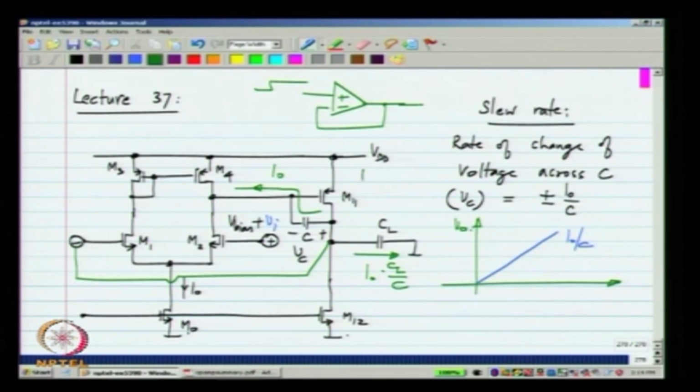Through M11 we need to have a current equal to the current in M12, which is some bias current I12, plus the current through C plus the current through CL, okay. So, this is I12 plus I naught times 1 plus CL by C, okay.